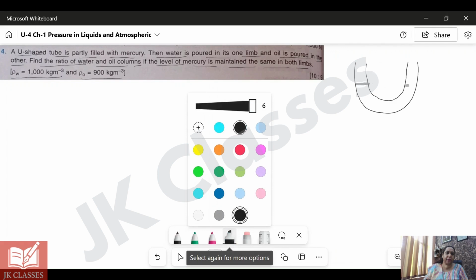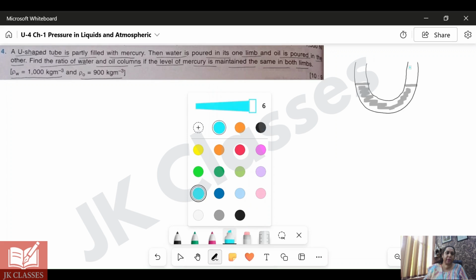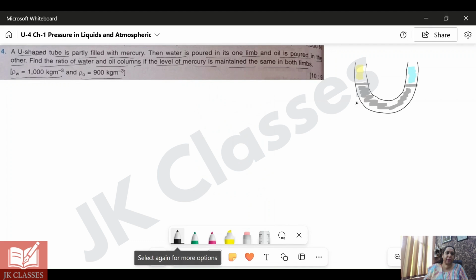Let us consider this to be the initial level. In one of the limbs, water is poured, and in the other limb, some oil is poured. And it is observed that the level of the mercury is maintained. According to the question, we have to find out the height of oil column and the height of water column.